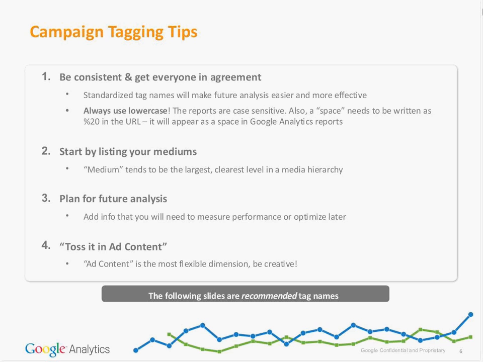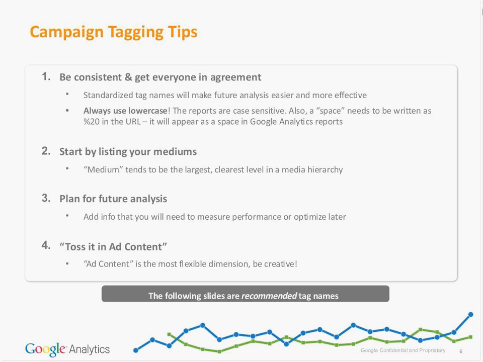Standardized tag names in general will make it much easier to analyze. If you keep the same tagging terminology throughout multiple year campaigns, you'll be able to do multi-year analysis easier, and your reports will be much cleaner in the end. So it's very important to think through a campaign tagging strategy, as we'll be doing in a second, agree, commit, and then make sure that all stakeholders are also in agreement.